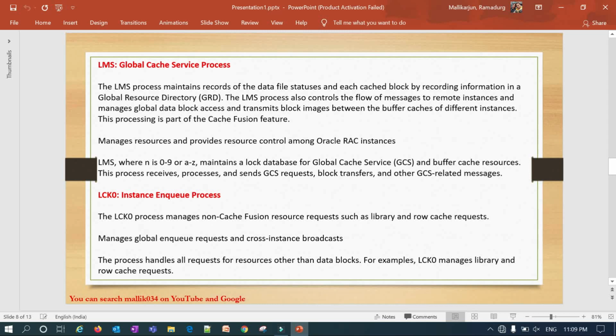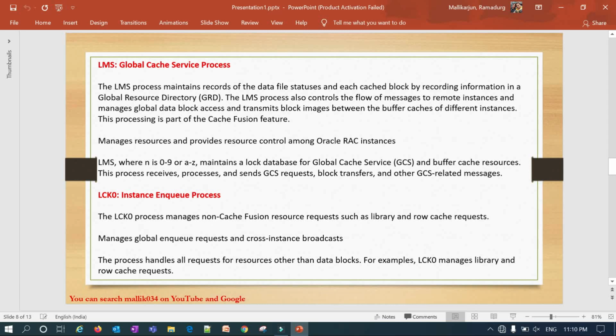So LCK basically deals with non-cache fusion. Cache fusion is transmitting data from the buffer cache of one instance to the buffer cache of another instance. If it comes to data blocks, it is cache fusion, which is managed by LMS. And if it comes to non-data-block information such as library or row cache requests or any other dictionary related information, everything is managed by LCK.